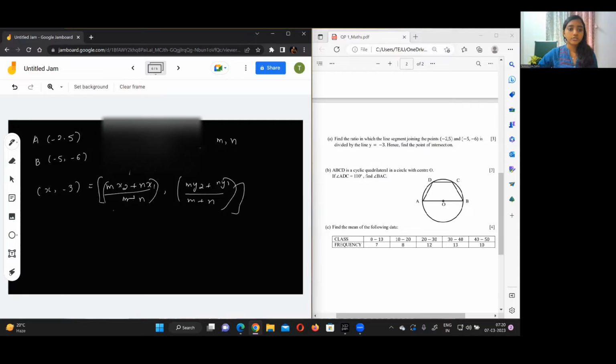So let's substitute. x2 is nothing but -5, so -5m plus n into x1, which is -2, by m plus n, and y2 is -6, so -6m, and y1 is 5, so plus 5n, by m plus n.